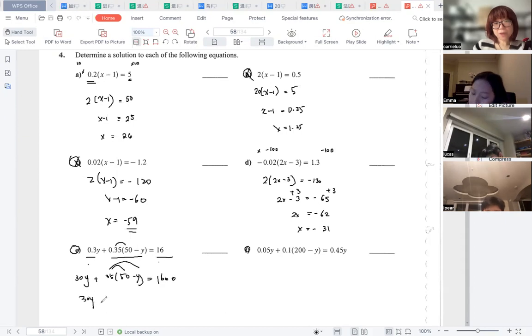Equals 30y plus 1,750 minus 35y equals 1600. Okay, so this one is negative 5y equals negative 150. So y equals 30. Get it? Get it, Emma? Okay, so number F yourself.